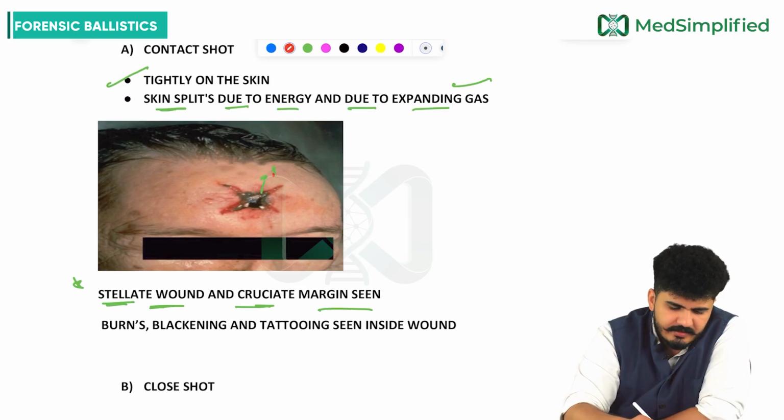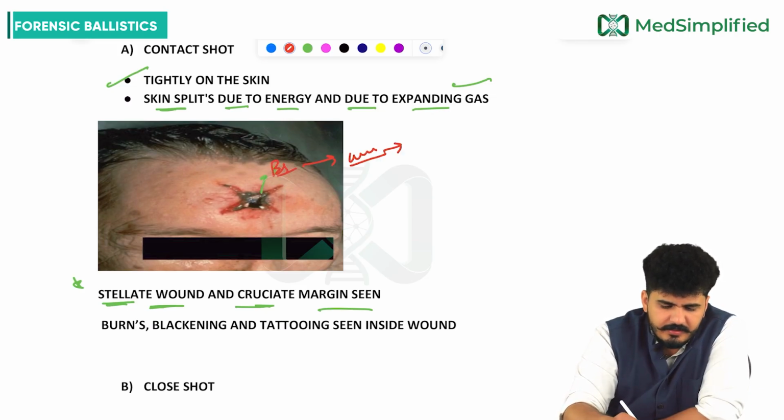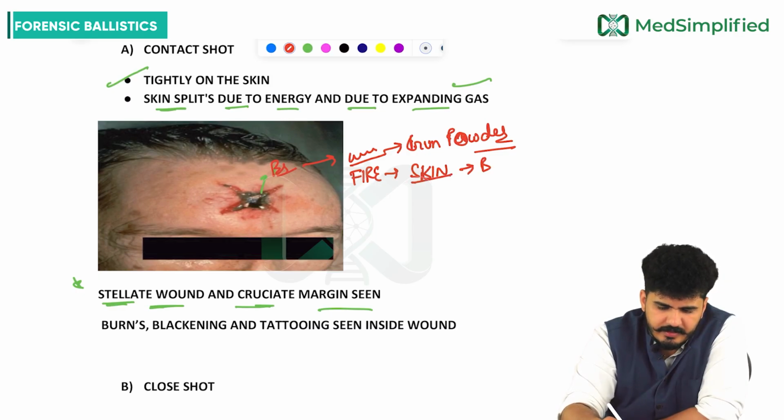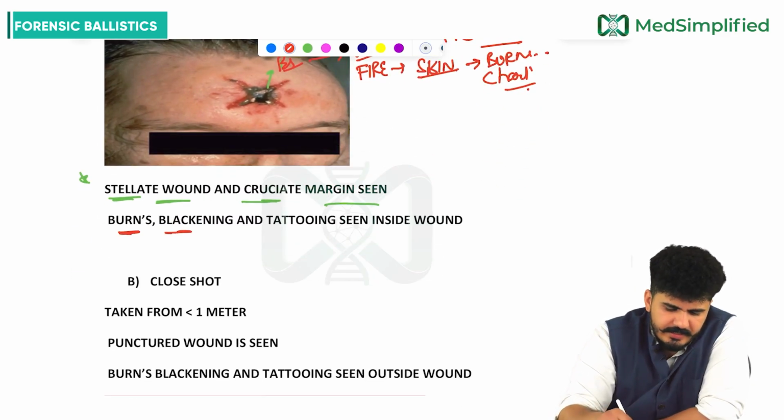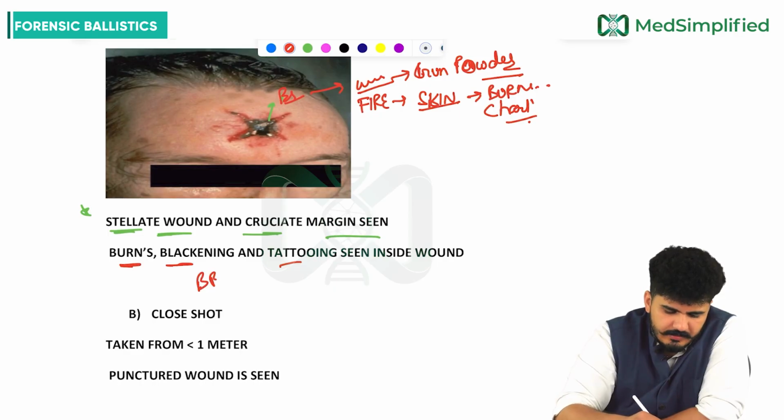Why is blackening there? Because there was unburned gunpowder, plus there was fire. Because of the fire, your skin shows burning, charring, etc. Now there will be burning, blackening and tattooing, BBT.